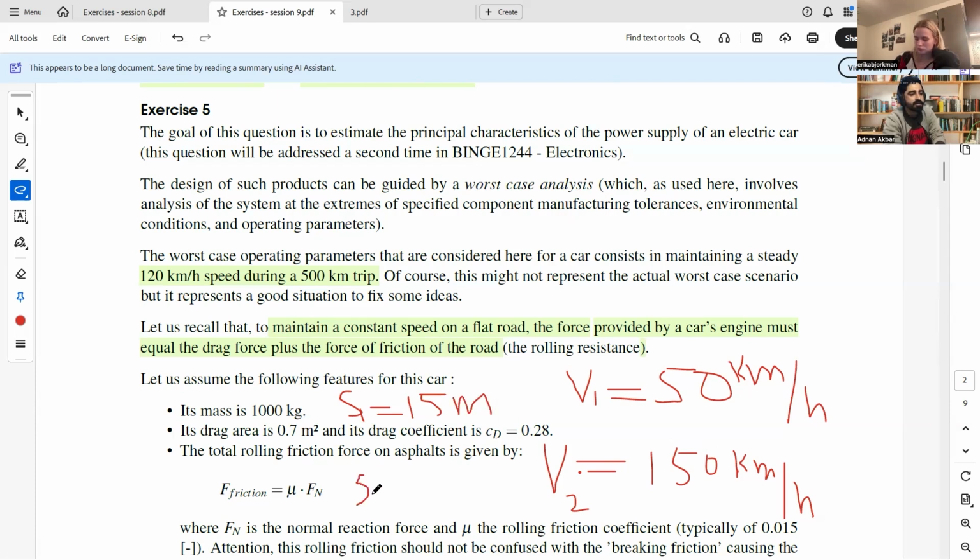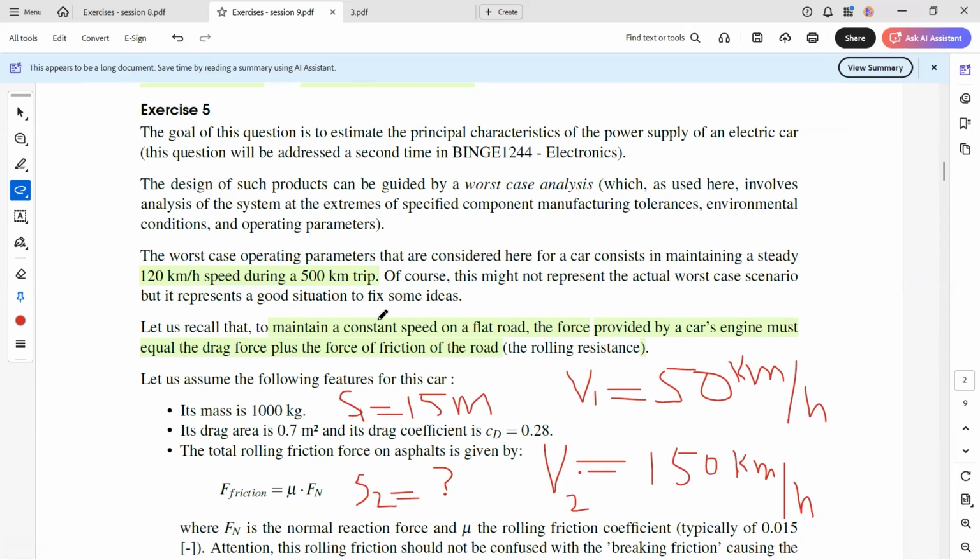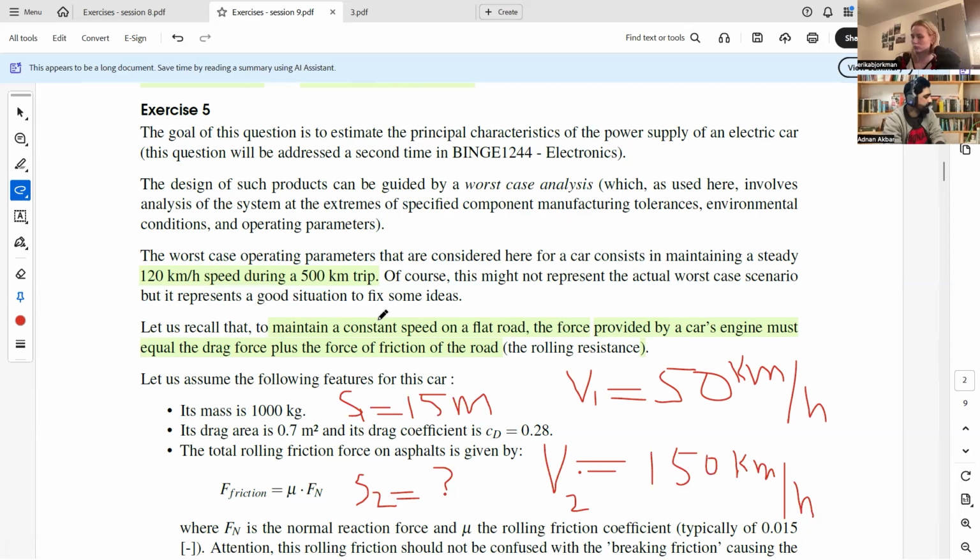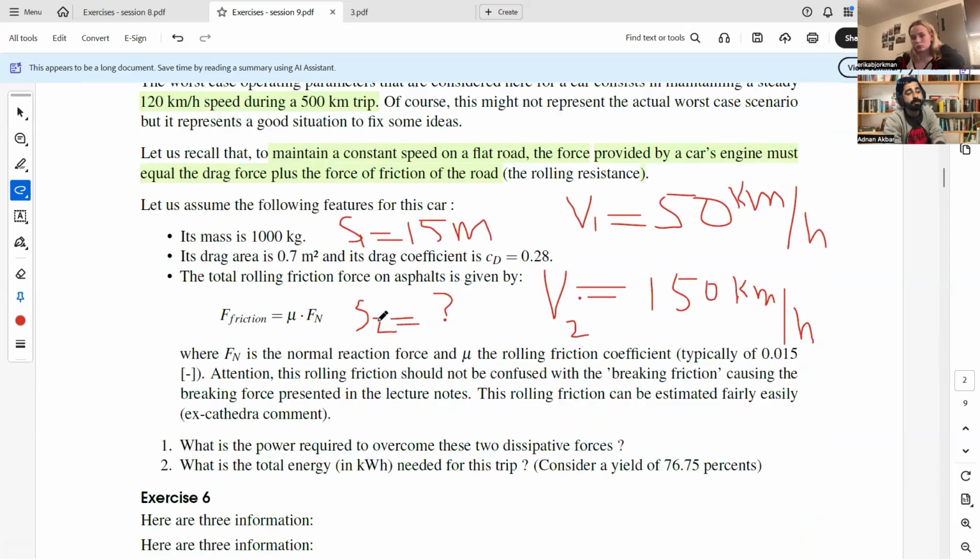And S2 is the skidding distance during the second velocity that we have to calculate. As it is skidding and finally it will stop, its final velocity is equal to 0, because if brakes are applied, finally it needs to stop.